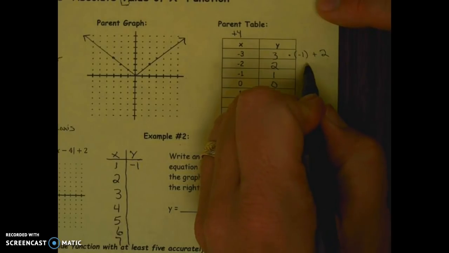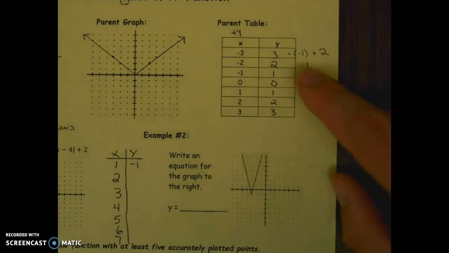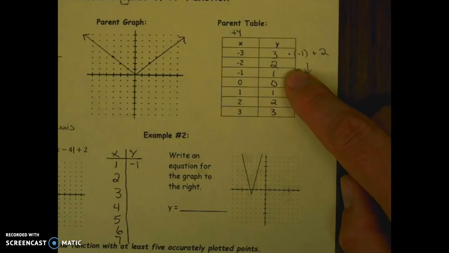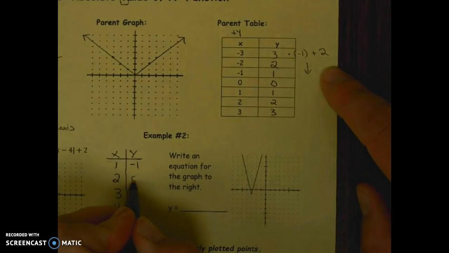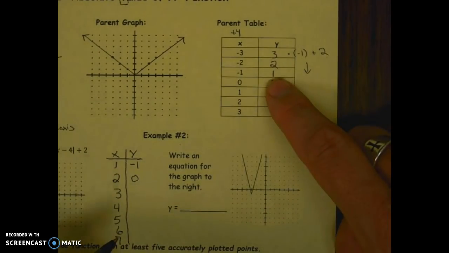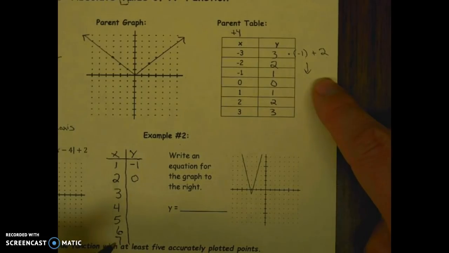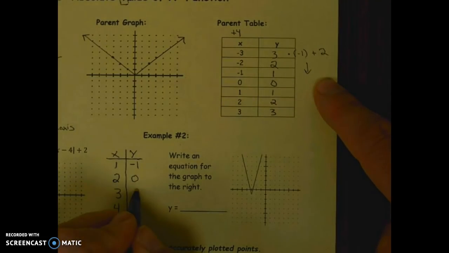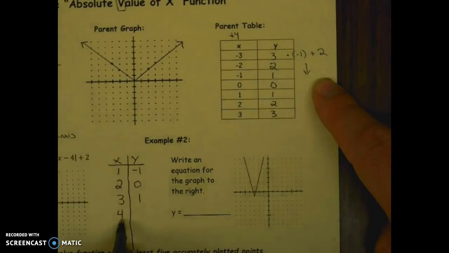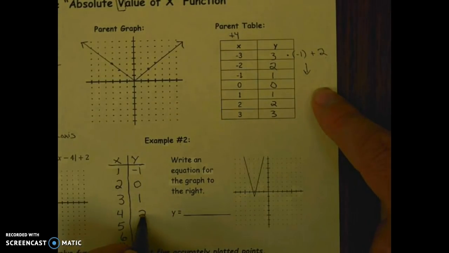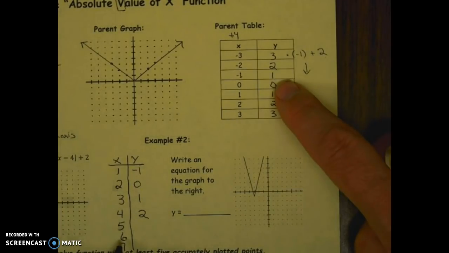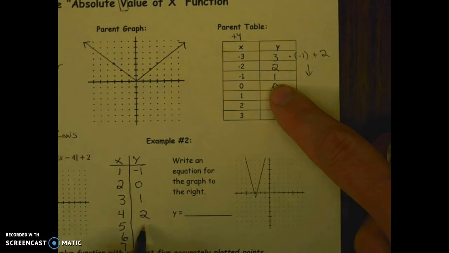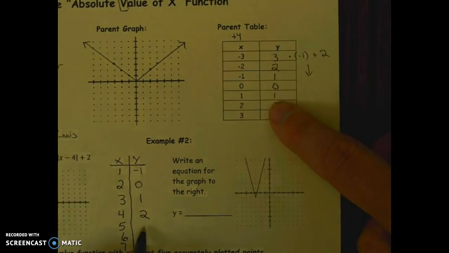Okay, following this pattern all the way down, we have -2 plus 2. We have -1 plus 2. We have 0 plus 2. Where am I at?